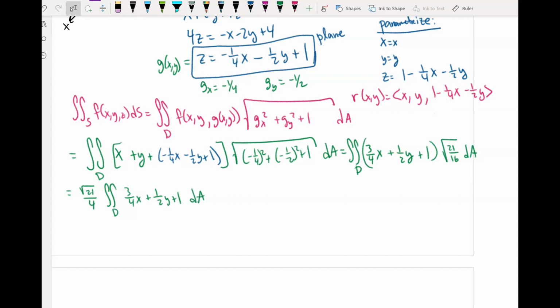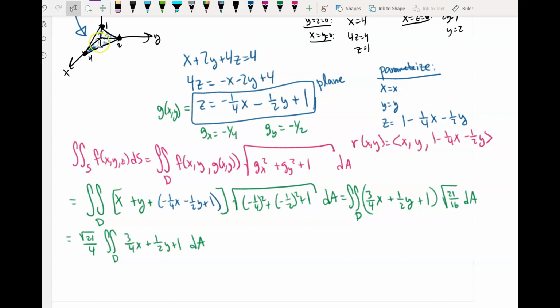Okay, now let's look at the region D. Let's look at the two-dimensional figure that we end up tracing. That's going to be in the xy plane. In the y direction, you're up 2, and in the x direction, you're over 4. So the equation of this line is going to be negative 1/2 x plus 2.